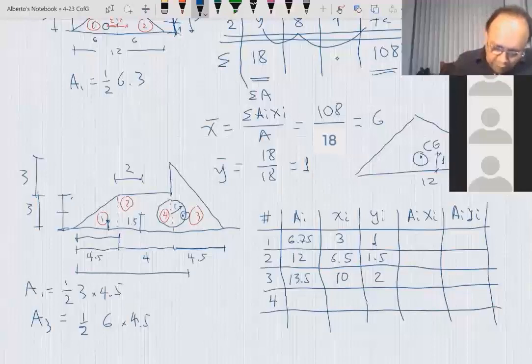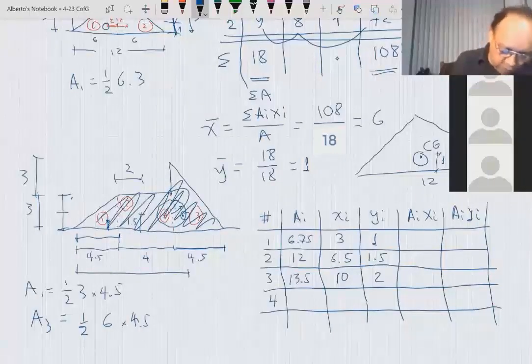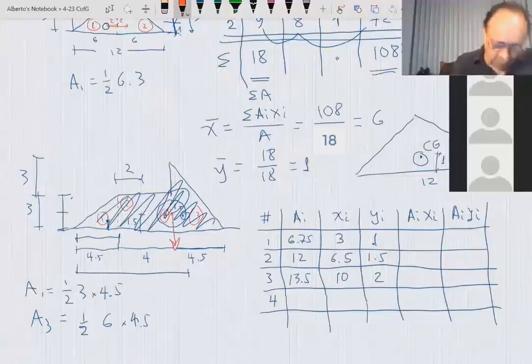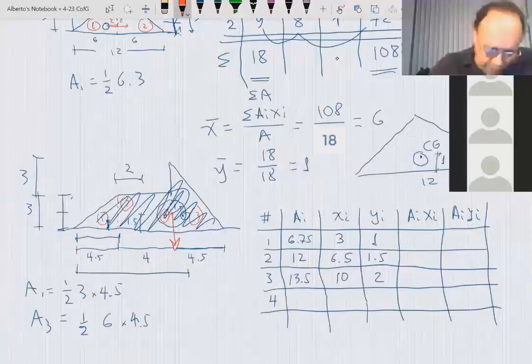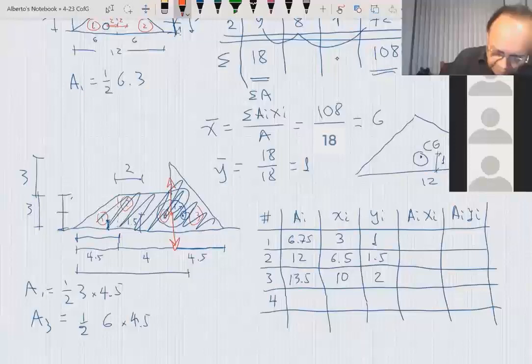So when we included areas 1, 2, and 3, we include the whole area, including the hole. The hole has weight going down, so we need to remove that weight by putting in the weight of the hole as if it was pulling up instead of down. The way you do that is to put in that area negative.